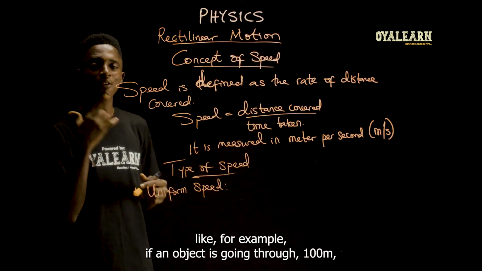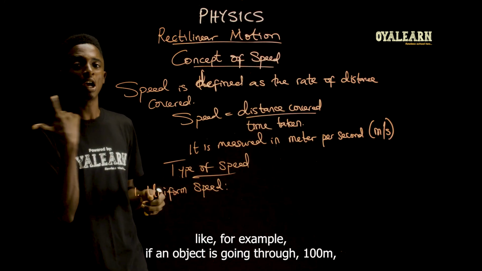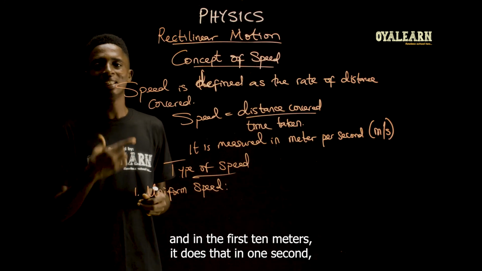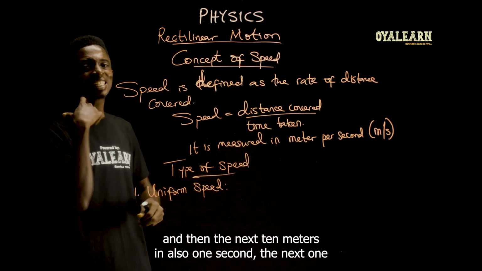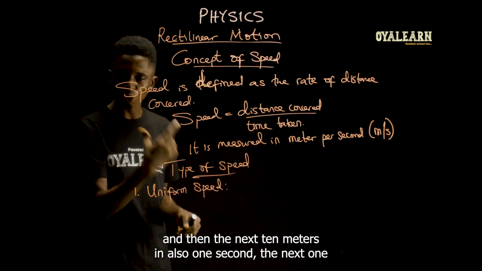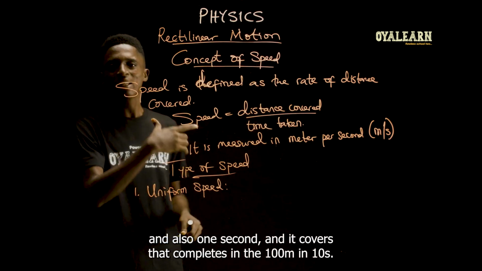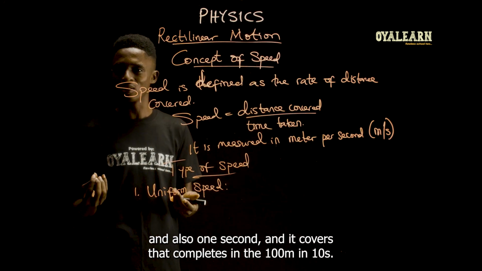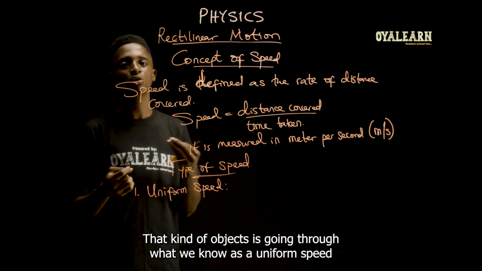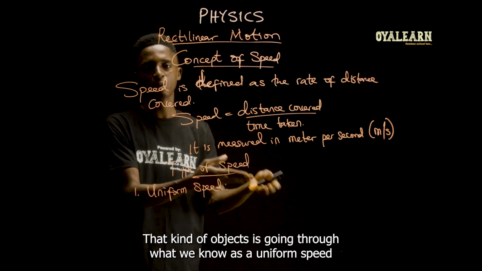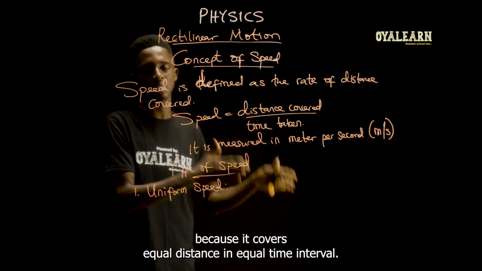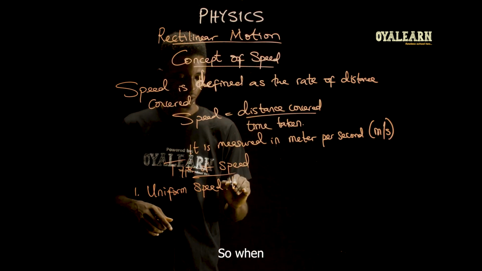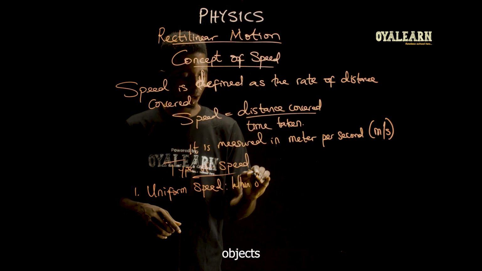For example, if an object is going through 100 meters and the first 10 meters it does in 1 second, and then the next 10 meters in also 1 second, the next one in also 1 second, and it completes the 100 meters in 10 seconds, that kind of object is going through what we know as uniform speed because it covers equal distance in equal time interval.